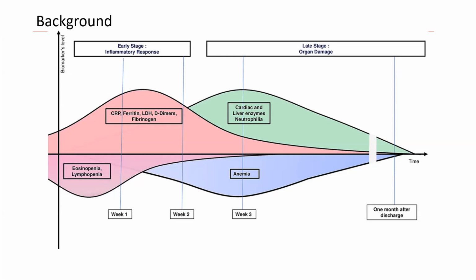But there is strong interest in being able to understand exactly what it is that separates those people who have a mild response or an asymptomatic response from those who have a critical response and who then end up in the intensive care unit, escalates to respiratory failure and potentially death. So there's been a lot of interest in trying to understand the immune response.